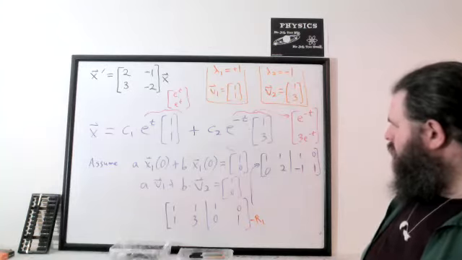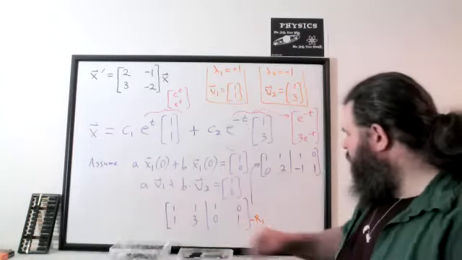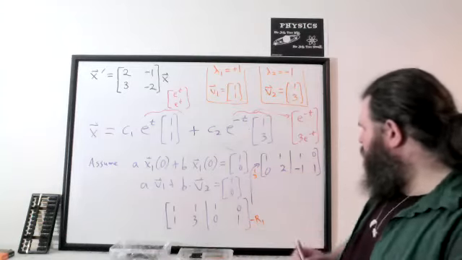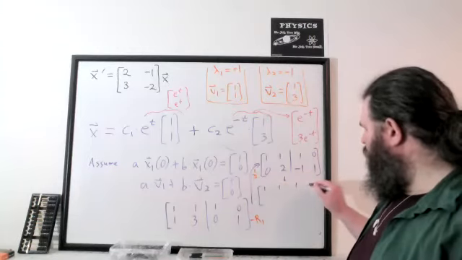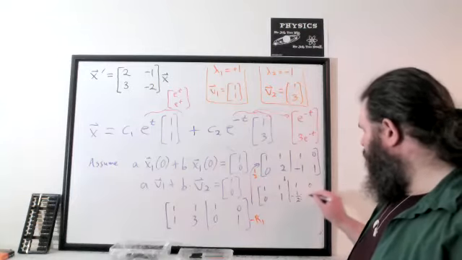And then we'd like this pivot to be a 1. So I'm going to multiply this row by 1/2. So 1, 1, 1, 0, 0, 1, negative 1/2, positive 1/2.